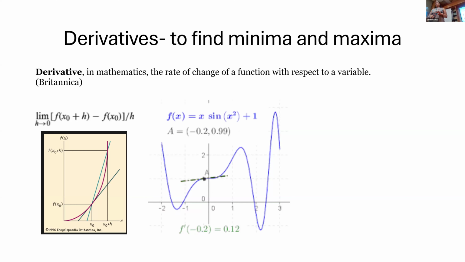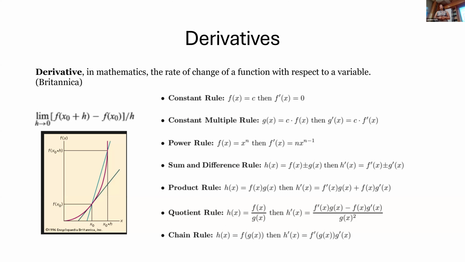Okay? All of these are things that you should be familiar with, because in the beginning of the recitation, we are going to find minima and maxima analytically by calculating the derivatives of different types of functions, okay?